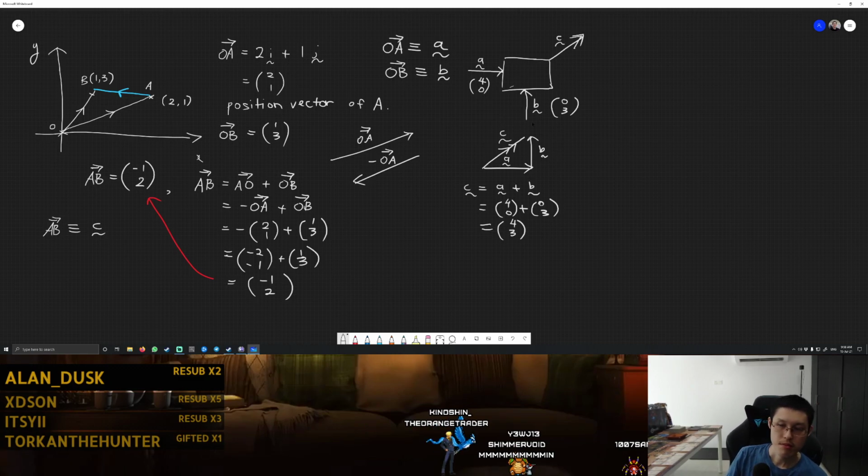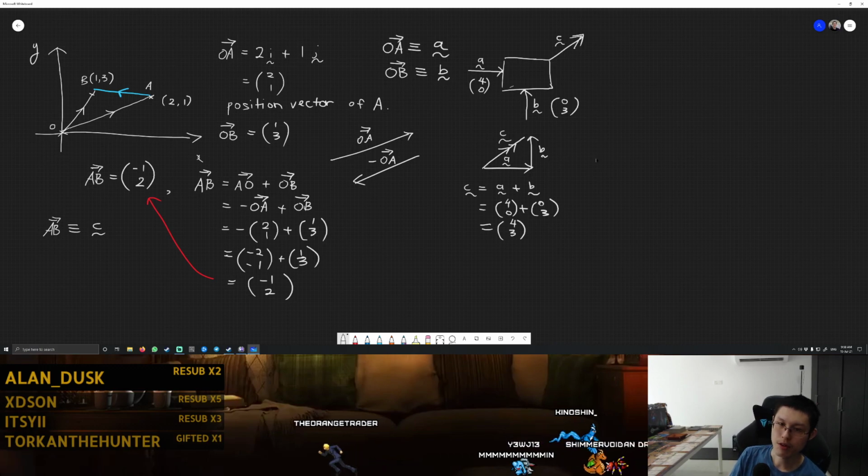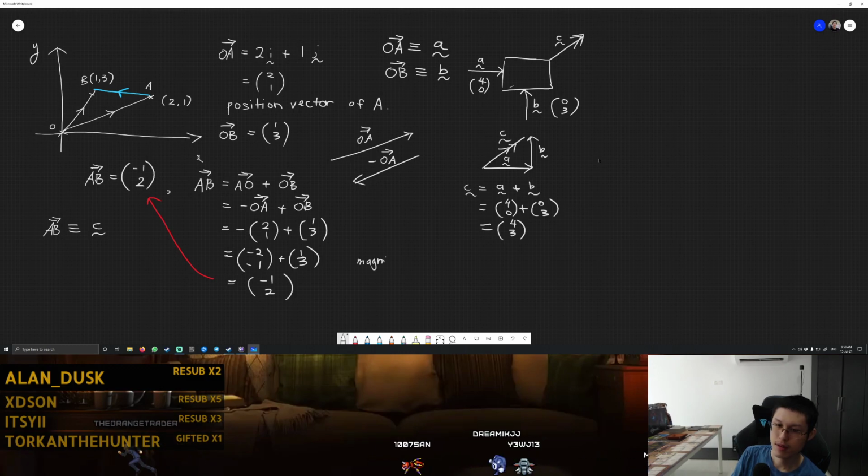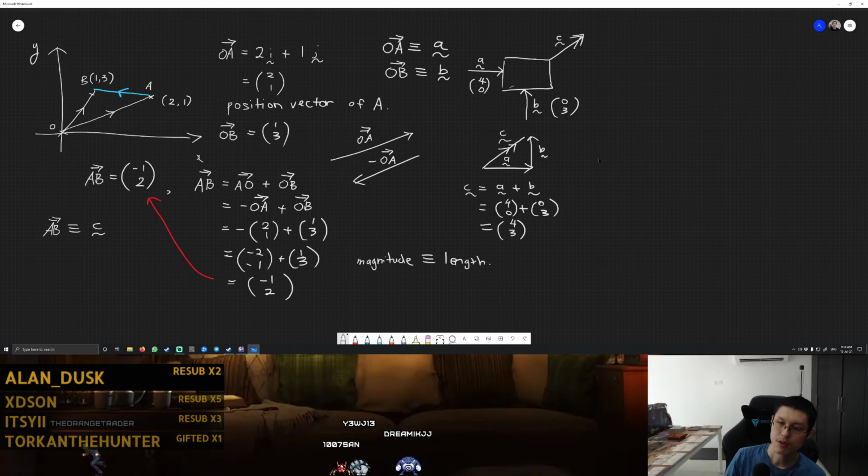Okay. So anyway, how do I find the magnitude of a vector? The magnitude of a vector is the same as the length of a vector. So if you look at this one here, if I want to find the magnitude of C, you can see that this is simply a right-angled triangle.